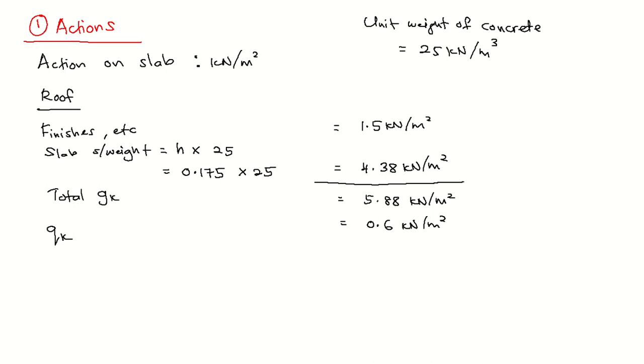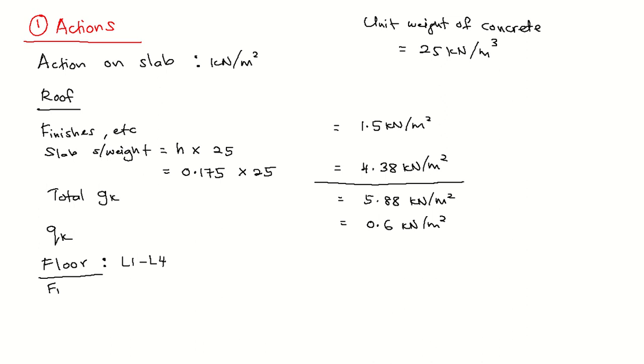Okay. Alright. Now this is for the roof. Now how about for the floors? Okay. So you have floor from level 1 to level 4. Okay. So the same things here. Finishes, etc. And then the slab self weight, and calculate the total GK and what is the QK. Let's do that.